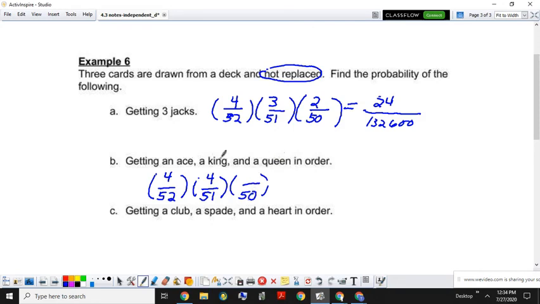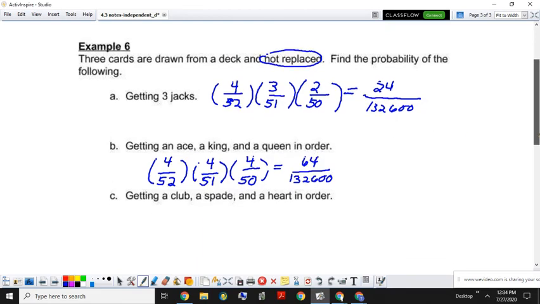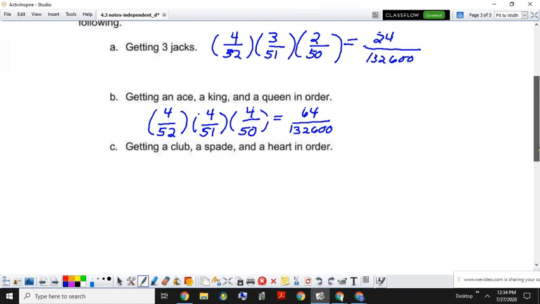We pulled an ace out, a king out, and now a queen. There are still 4 queens left. If you multiply those 3 together, you end up with, I think, 64 over 132,600. Like I said, you can just go through and change those to decimals.